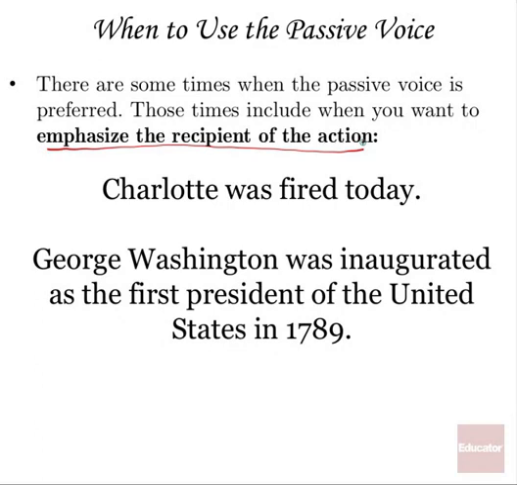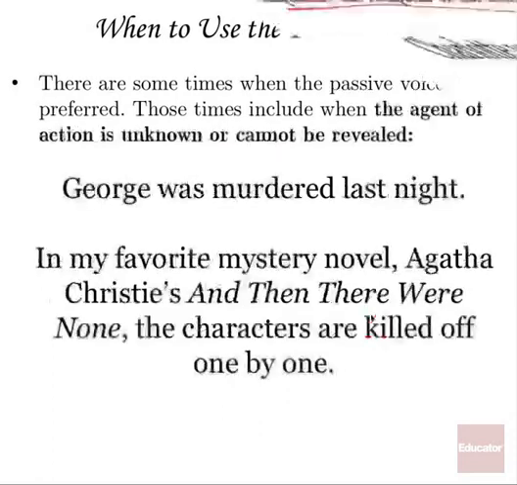It's about Charlotte, so you use the passive voice. George Washington was inaugurated as the first president of the United States in 1789. Again, that sentence is about George Washington. You don't really want to hear about who did the inaugurating, the guy actually reading the words in the ceremony. You want to hear about the guy who became president. So, George Washington was inaugurated. You use the passive voice.